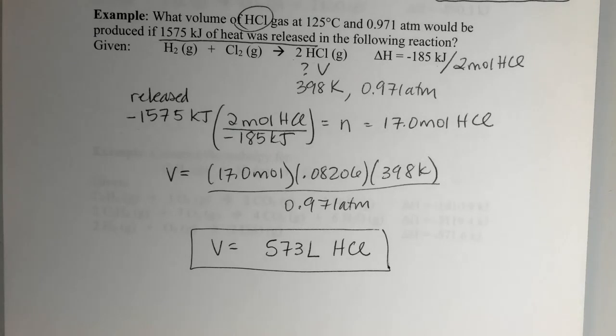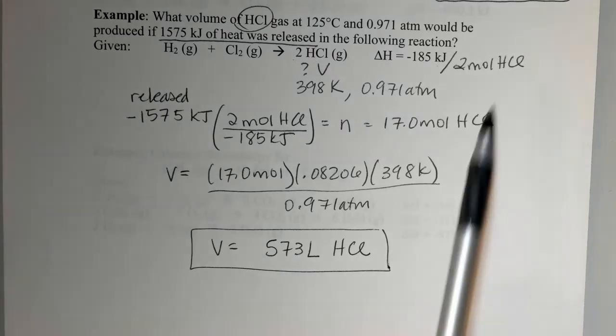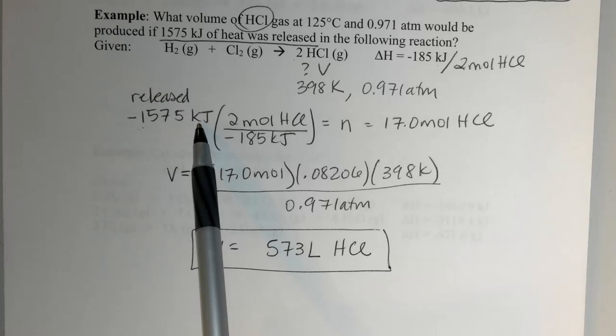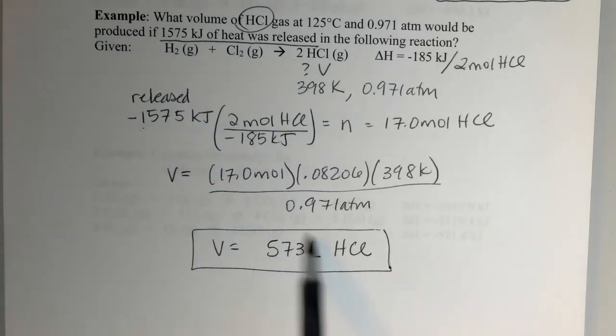And then when I plug that into PV = nRT, I can figure out my volume that I would produce, since it's on the product side. So when I make this amount of energy of 1575 kilojoules released, I have produced 573 liters of HCl.